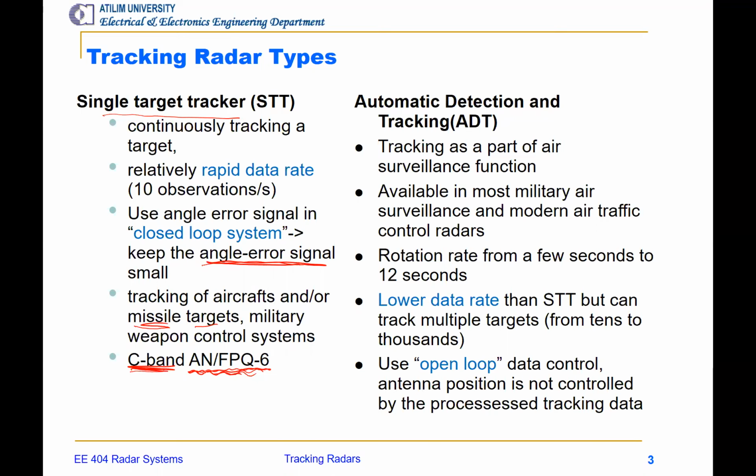The next tracking radar type is automatic detection and tracking, ADT. It's a system that's designed to cover a specific part of the air. So you can, for example, cover a region from minus 120 degrees to plus 120 degrees.